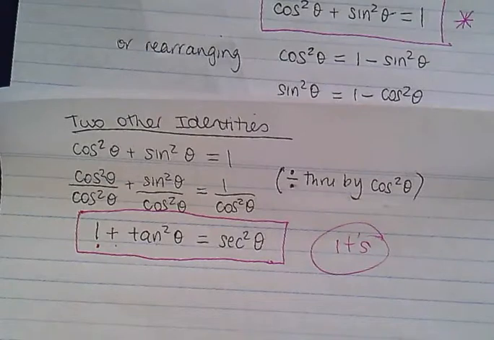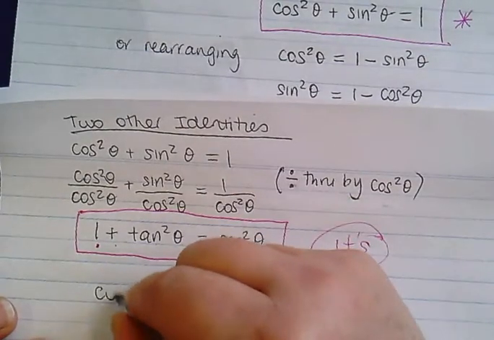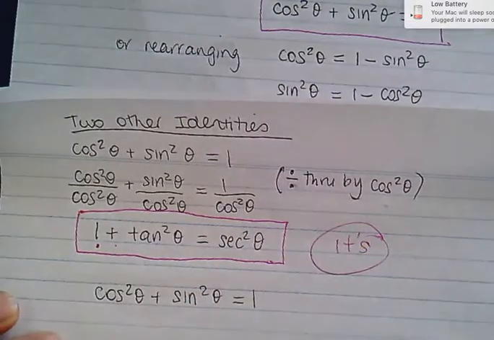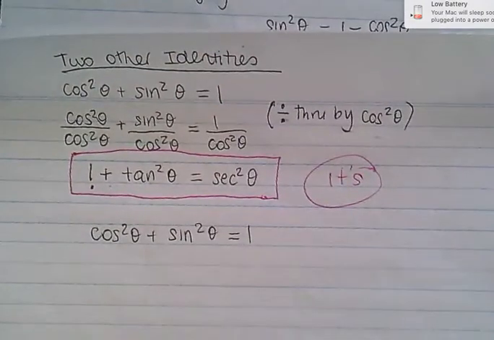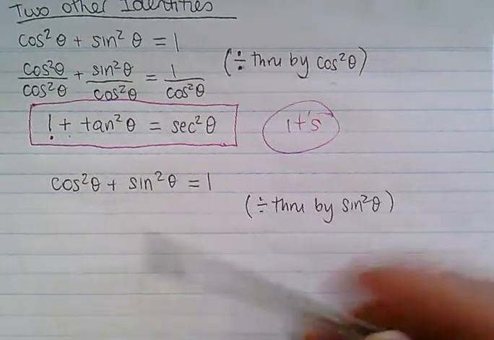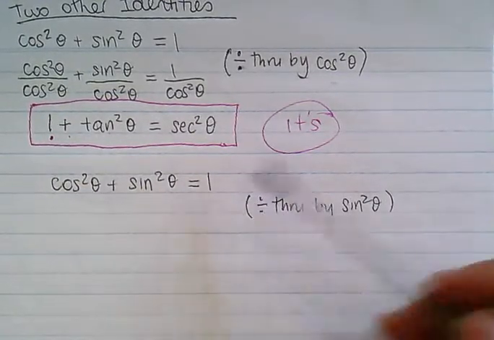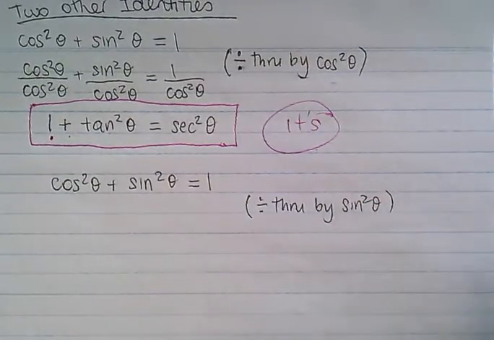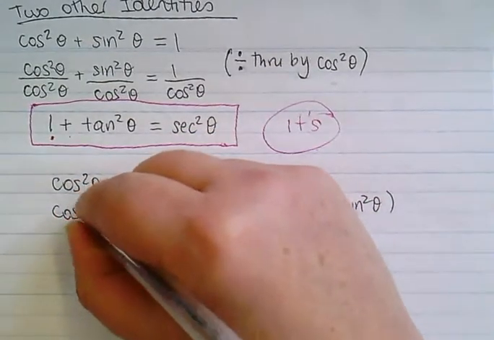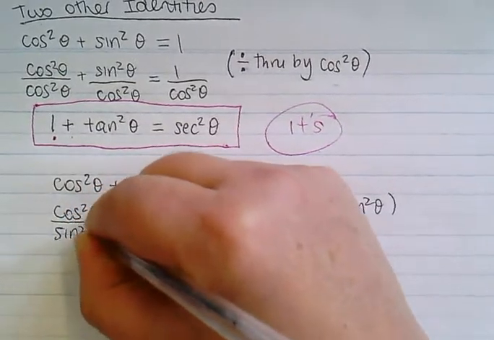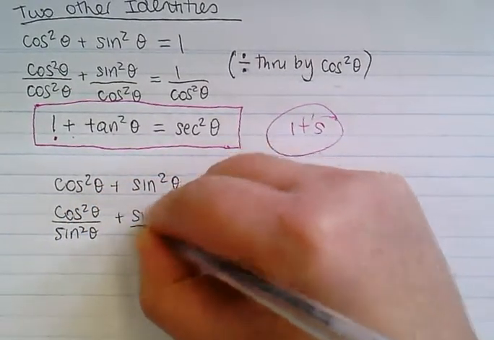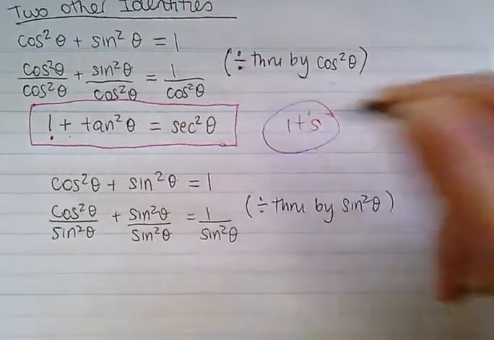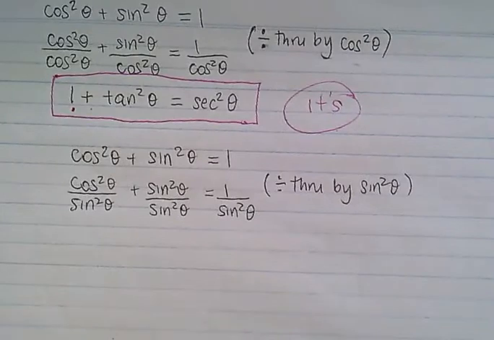Okay, now going back again, if I start with cos squared theta plus sine squared theta equals 1, first Pythagorean identity again, but instead of dividing through by cos squared theta, we divide through by sine squared theta. So dividing each term by sine squared theta, we get, now what's cos over sine?